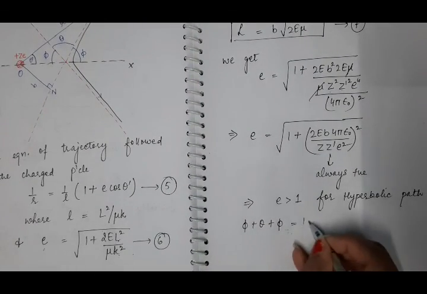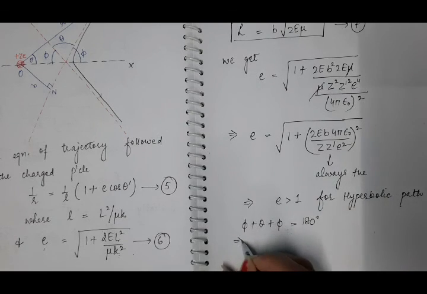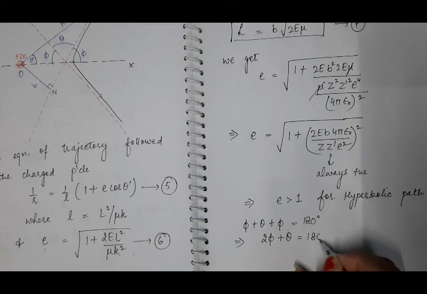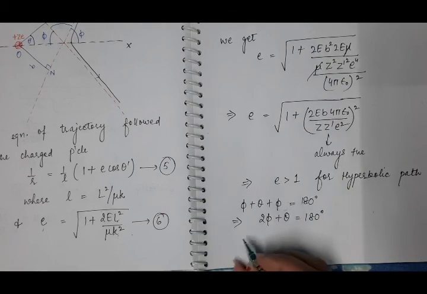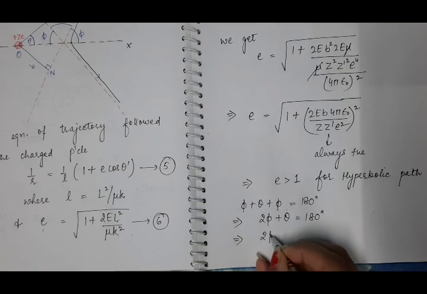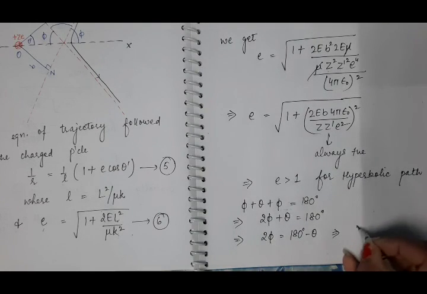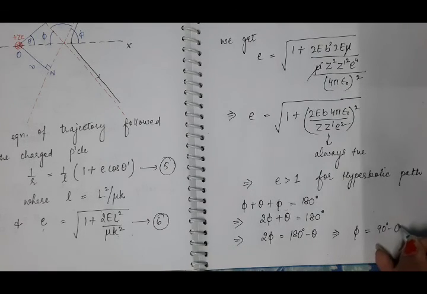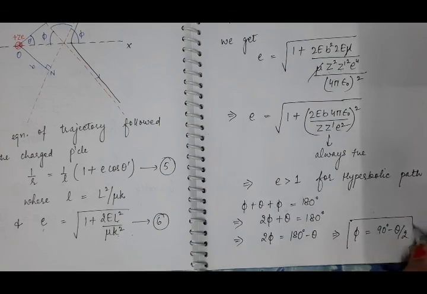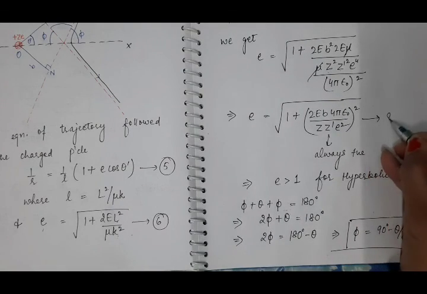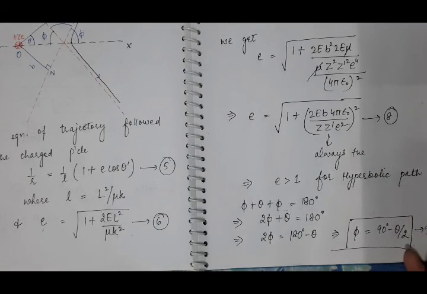It is equal to 180 degree, so we have 2 phi plus theta equal to 180 degree. So what will be the value of phi here? 2 phi is equal to 180 degree minus theta. So phi will be 180 by 2, it is 90 degree minus theta by 2. And suppose this equation as equation 8 and this equation as equation 9.